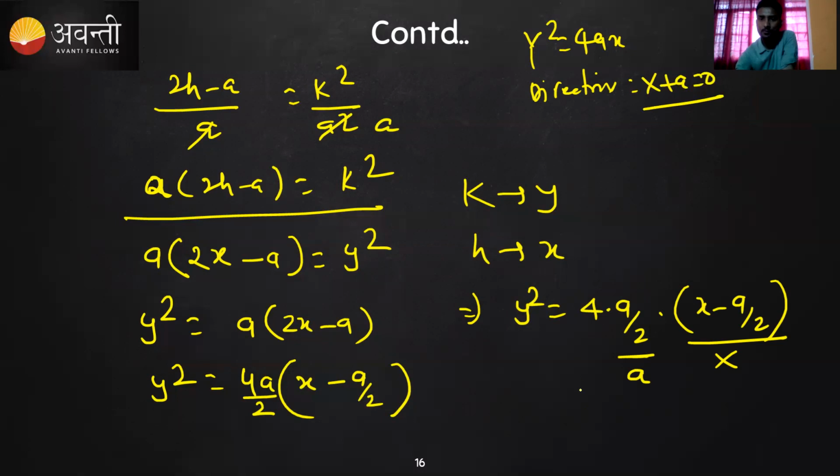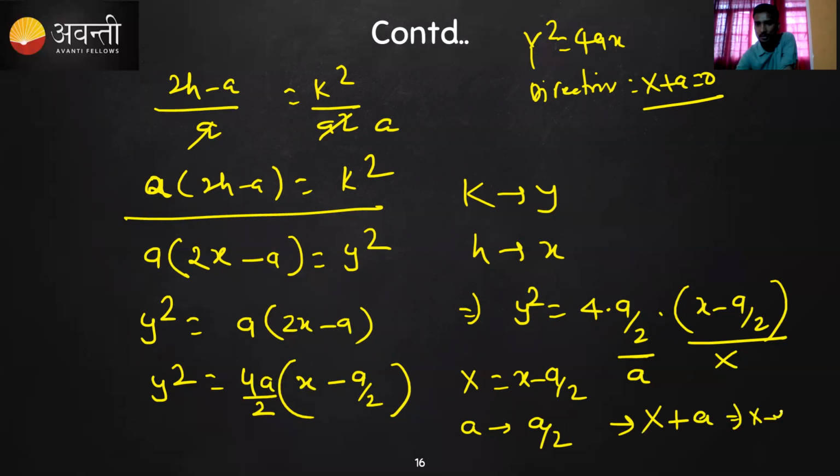But in this case you can see here capital X is equal to X minus A by 2, and here capital A is nothing but A by 2. So from here it will be X minus A by 2 plus A by 2, so it will be basically nothing but X is equal to 0, guys.